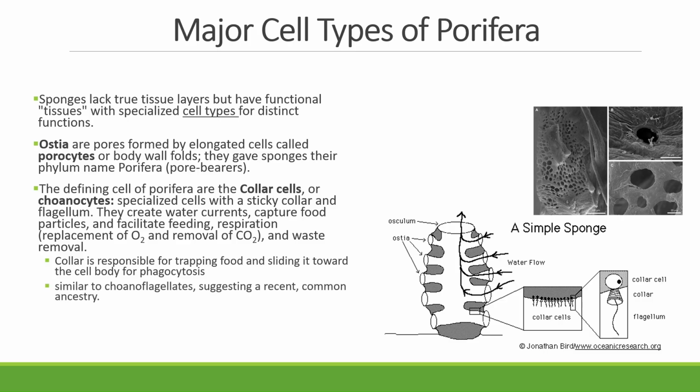This feeding system is almost identical to the one we saw in choanoflagellates in the last presentation, which is powerful evidence that sponges and those protists share a recent common ancestor. Choanocytes are so versatile that they can even change into sperm cells when the sponge reproduces sexually.